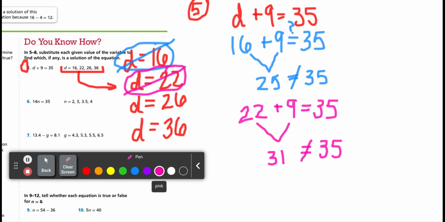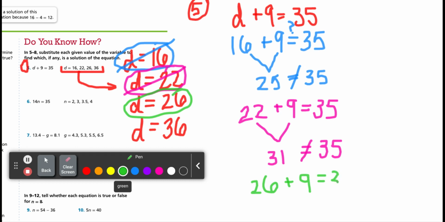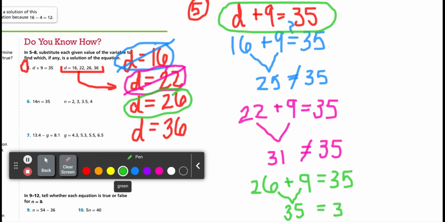Okay, now I want you to try d equals 26. Plug that in your notebook: 26 plus 9 equals 35. Notice that we're still just using that original equation up here, d plus 9 equals 35. So now, what's 26 plus 9? 26 plus 9 is 35. Is 35 equal to 35?